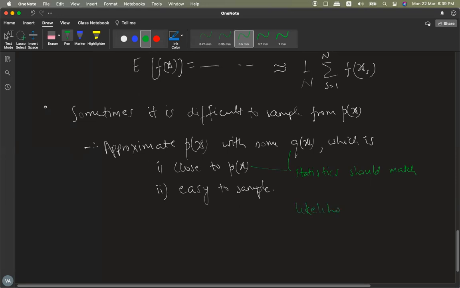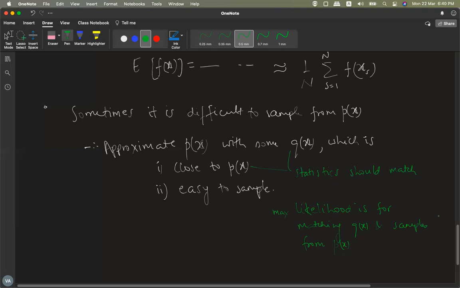So likelihood is for matching q(x) and samples from p(x). You take these samples and put them in q(x) and you try to maximize the probability. That is likelihood, right? Yes, sir. When you have samples from one distribution and an approximation of the other distribution, you try to maximize the likelihood so that this q(x) is very close to p(x).